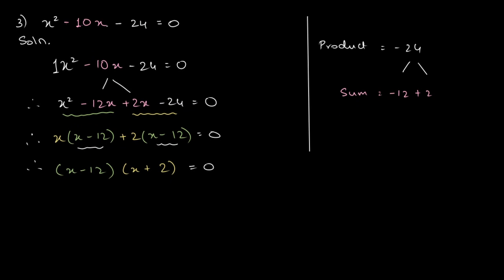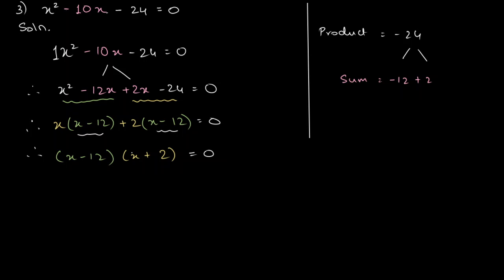At this point, when we have two brackets factored out and multiplied equal to 0, we can use the zero product rule, which tells us that when multiplying two terms the product is 0, then either the first one, x minus 12, is equal to 0, or the second one, x plus 2, is equal to 0.